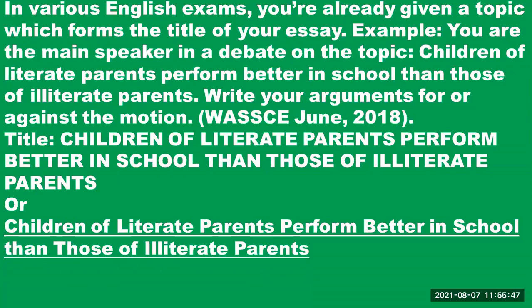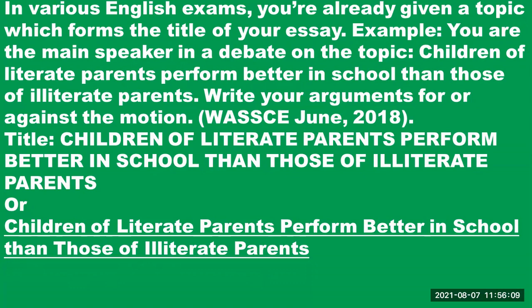For example, as we earlier saw, the question from 2018 WASSCE, which is June 2018. You are the main speaker in a debate on the topic, children of literate parents perform better in school than those of illiterate parents.